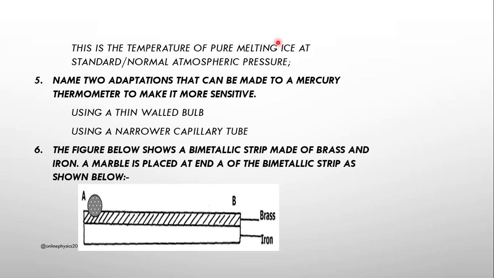So we definitely have to look at the bulb. It must be made of thin walls. So using a thin walled bulb, this will increase the sensitivity to the temperature of the surrounding. Then talk about the capillary tube. We are supposed to look at how we can narrow the capillary tube so that it can also be sensitive to temperature.